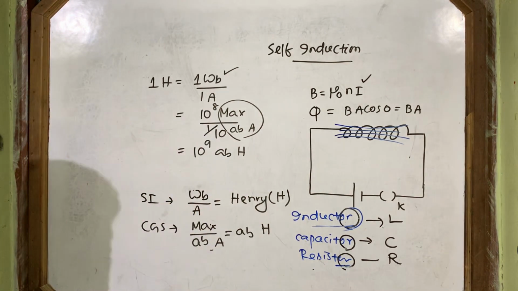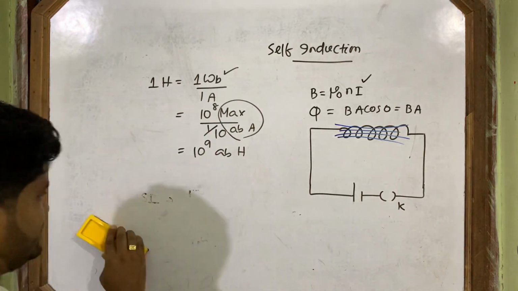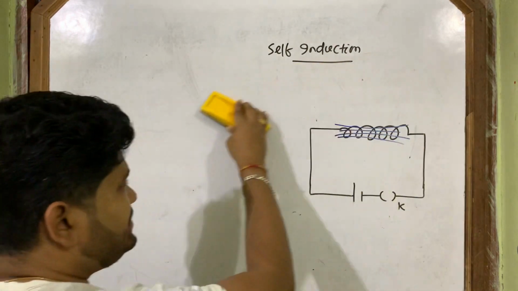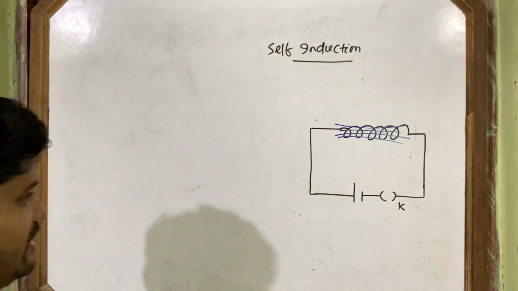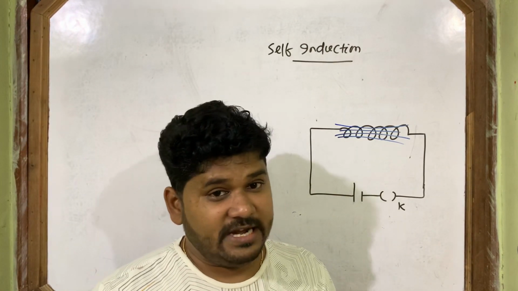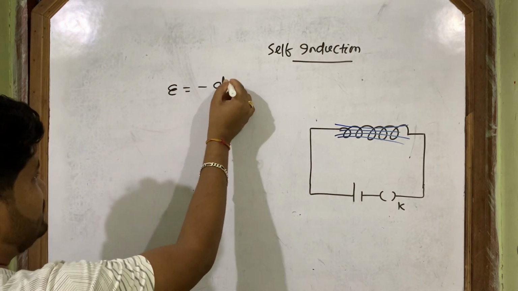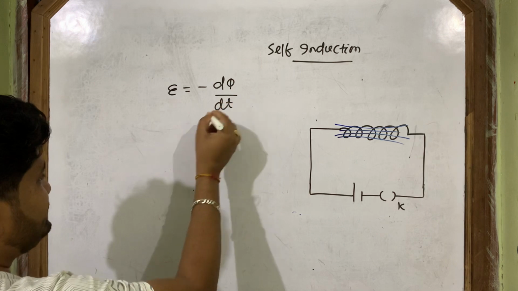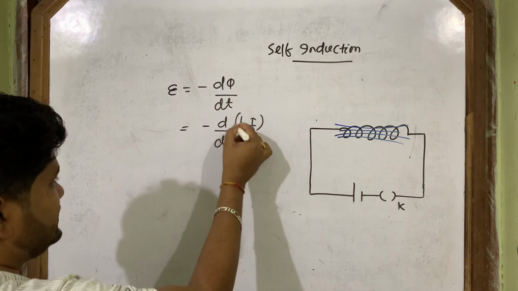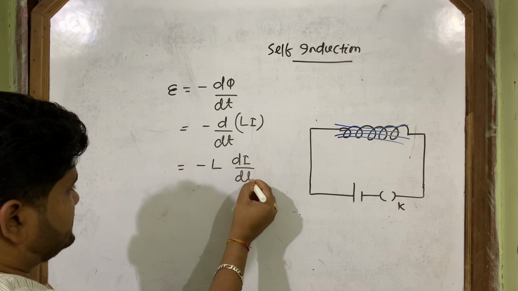So now we have got the idea about inductance. But how much EMF is induced in the coil? How will you find the induced EMF? With the help of Faraday's second law, the induced EMF is equal to minus d phi by dt. In place of phi write Li; L is constant, so EMF equals minus L di by dt.